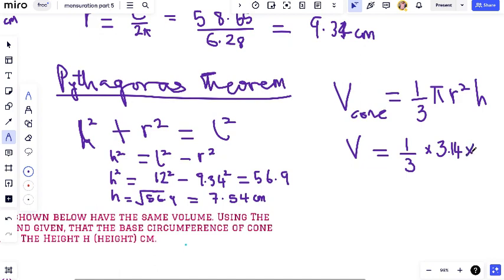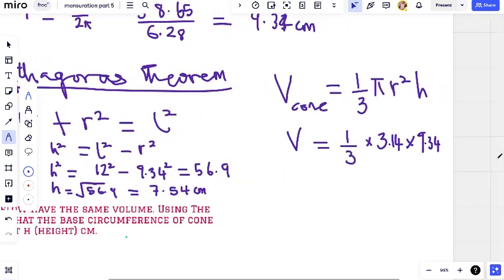The radius was 9.34, we square it, because it's r squared, times the height. The height we just found to be 7.54.